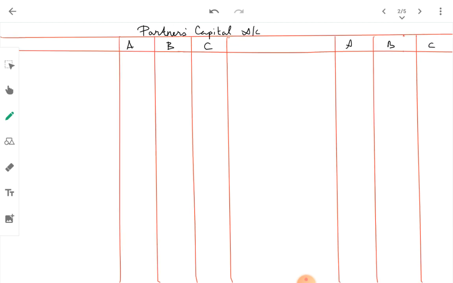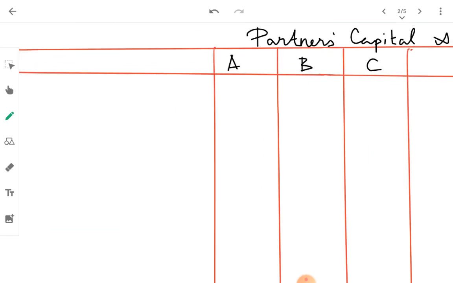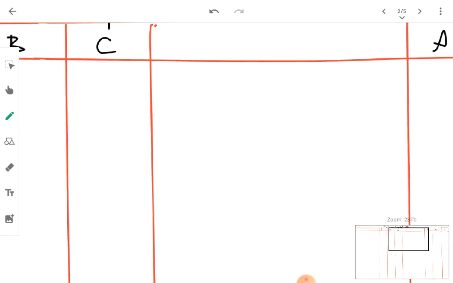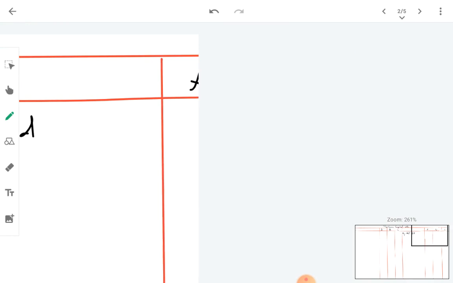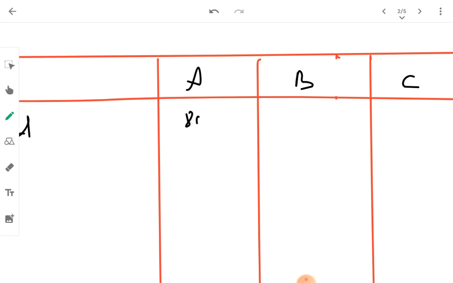So let's move on and open the partners capital accounts. Remember again, date has been given. So date, particulars, and the columns for your partners A, B, and C. So in case of partners capital accounts, generally what we record are your opening balances. So as on 31st of December 2014, opening balance or balance brought down for partner A is rupees 800.